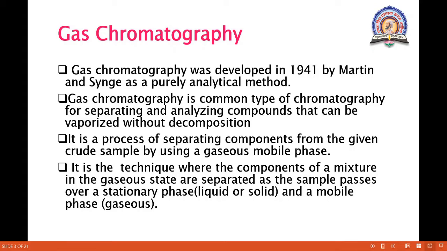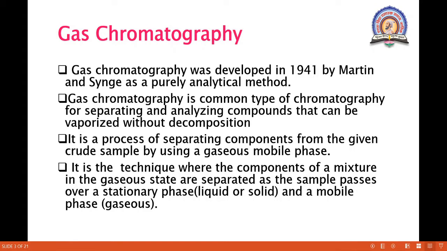It is the process of separating the components from the given sample by using a gaseous mobile phase. It is a technique where the components of the mixture in a gaseous state are separated as the sample passes over the stationary phase.